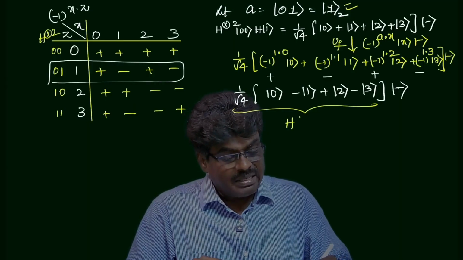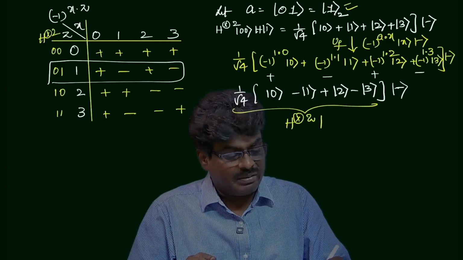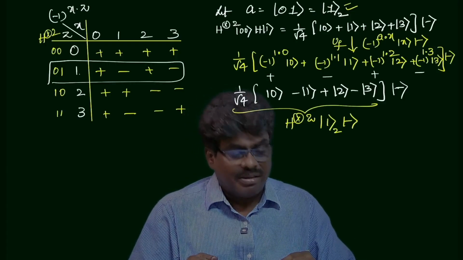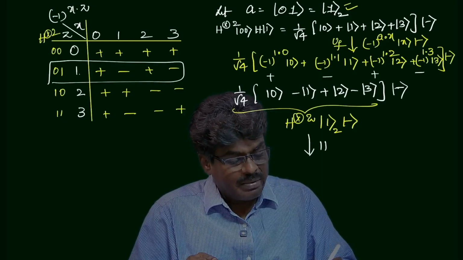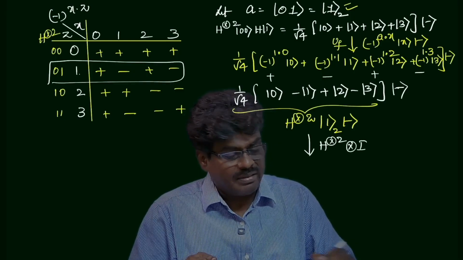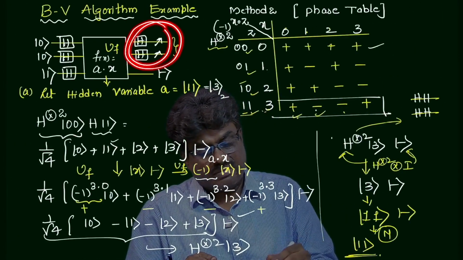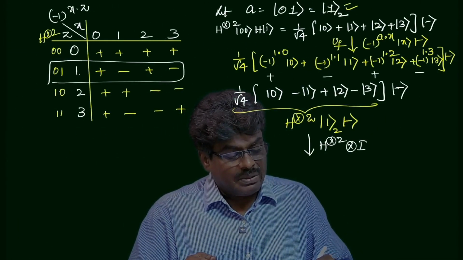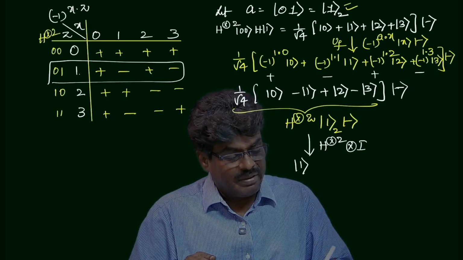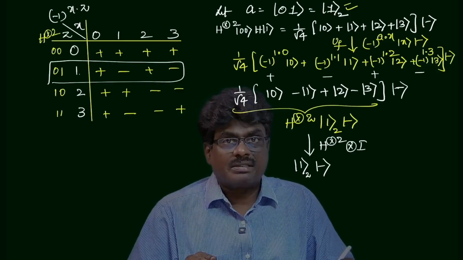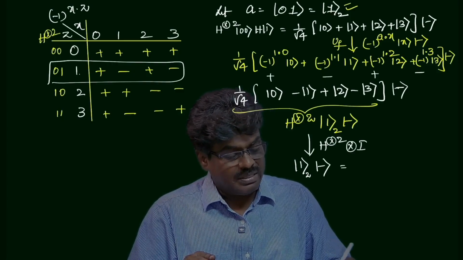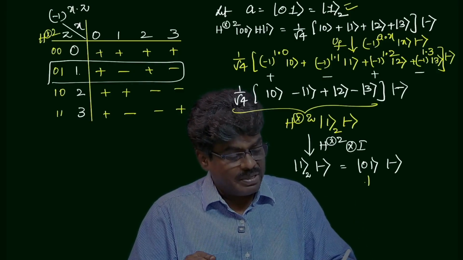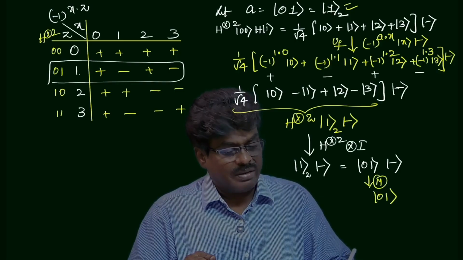So this is nothing but H tensor 2 operates on 1, here 2 qubits minus. Now I'm going to operate again Hadamard H tensor 2 tensor I on this part. Then this H tensor 2 will get identity. So finally you will get 1 with the 2 qubits and minus. This 1 is nothing but 0 1, minus. Now I convert into binary. So once you make a measurement here, you'll get 0 1.